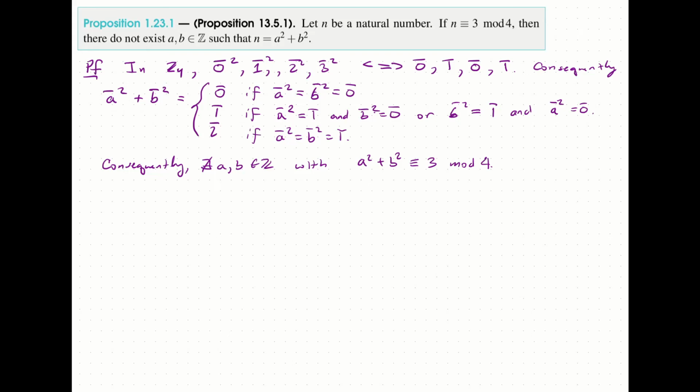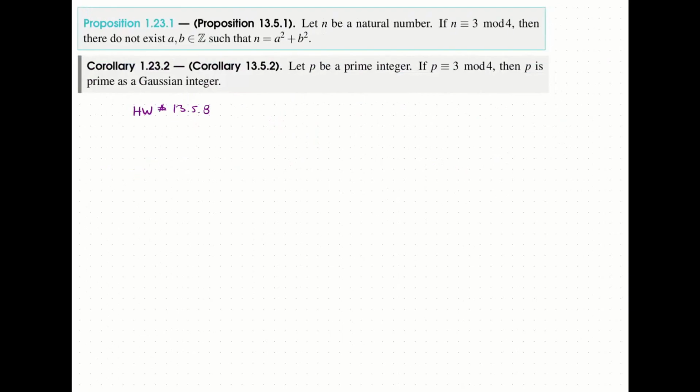And so that's what we have here. And now that finishes off the proof for this. Let's look at the next statement.